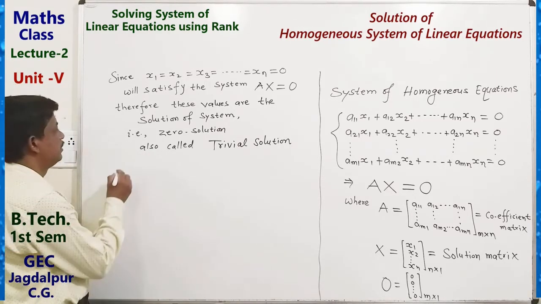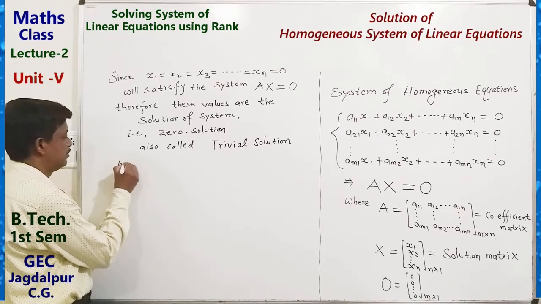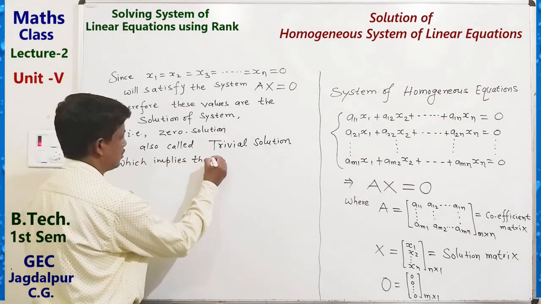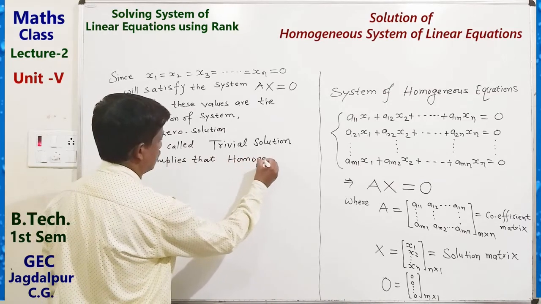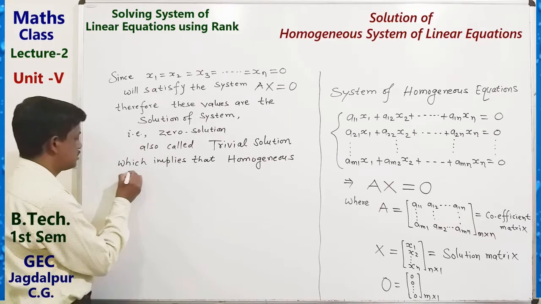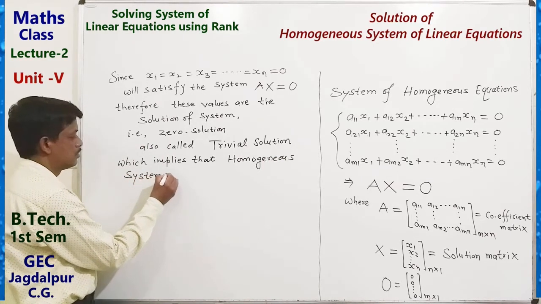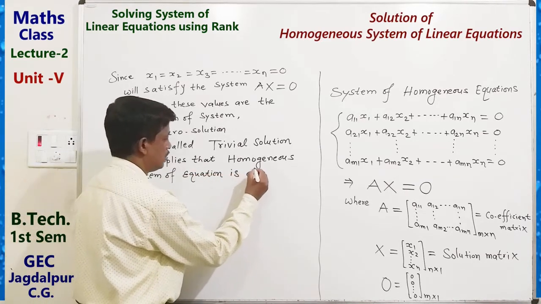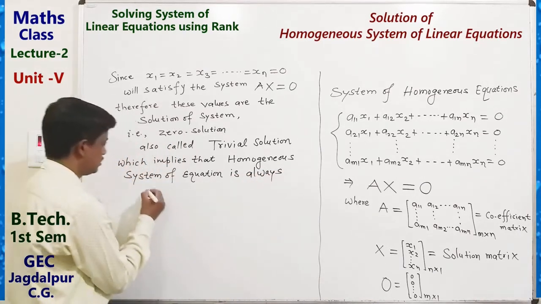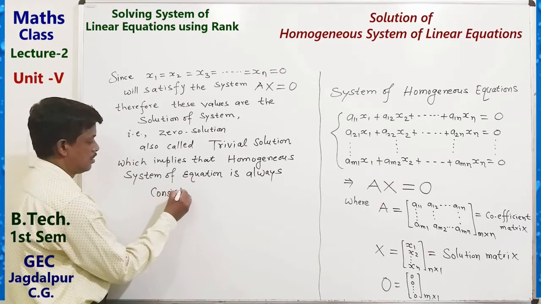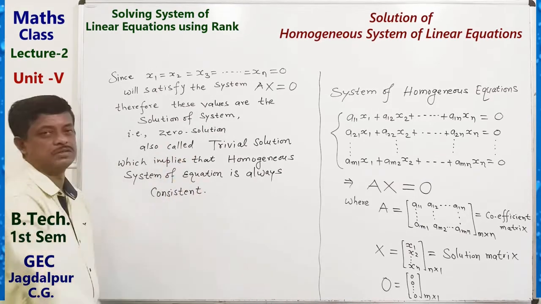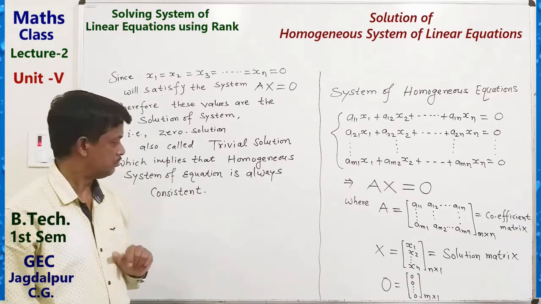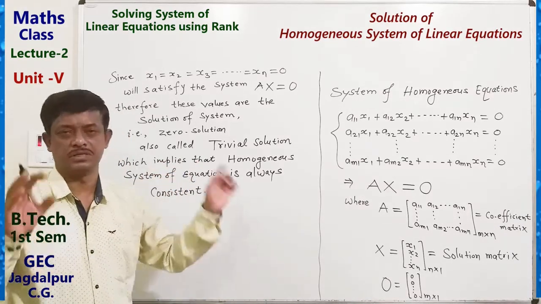Clear? Which implies that a homogeneous system of equations is always consistent, because there is a solution, the zero solution. So the system is always consistent.